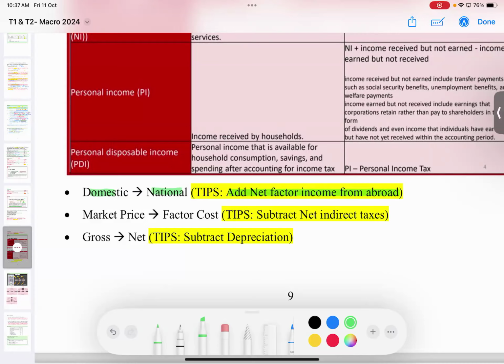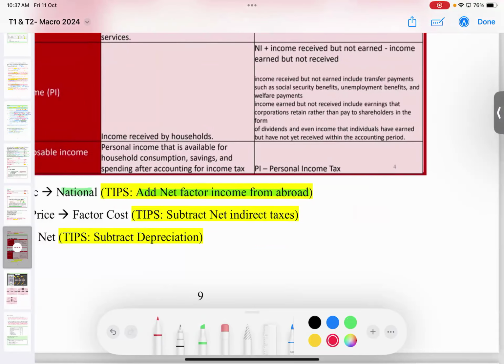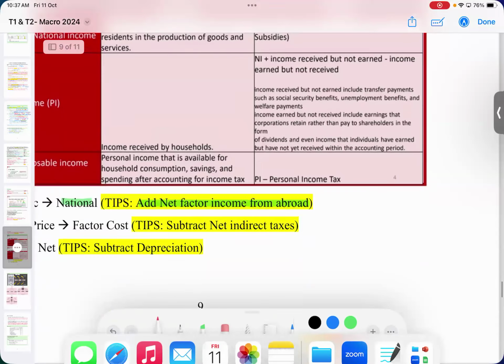So how do we calculate this net income from abroad? We have one formula here. Let me write it down.